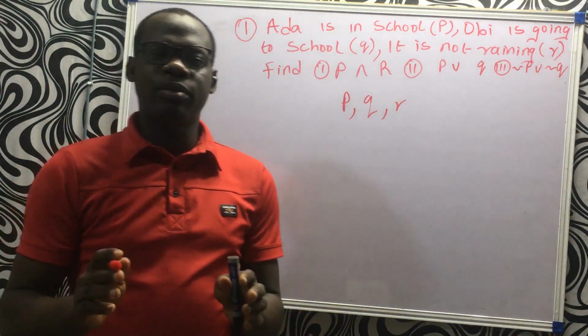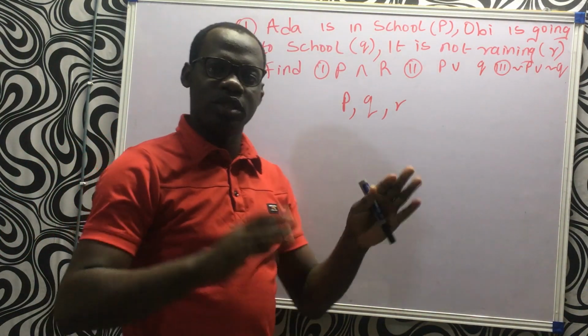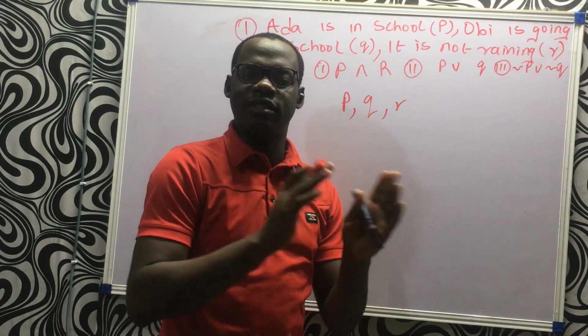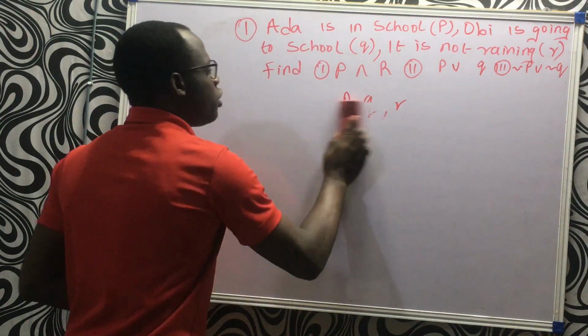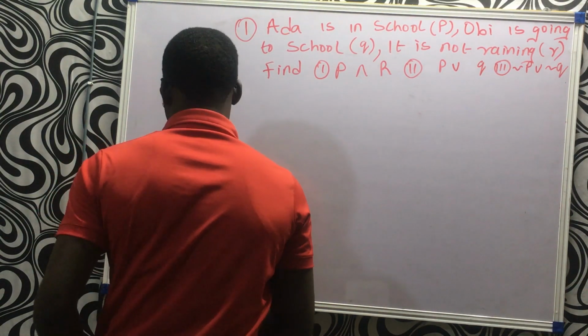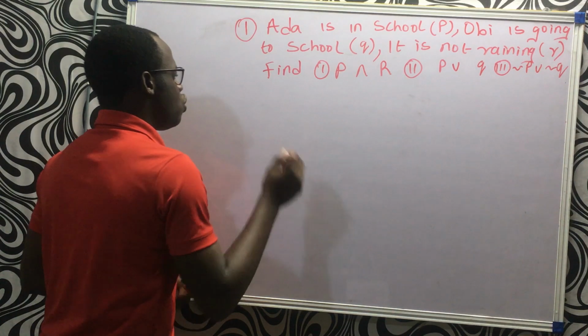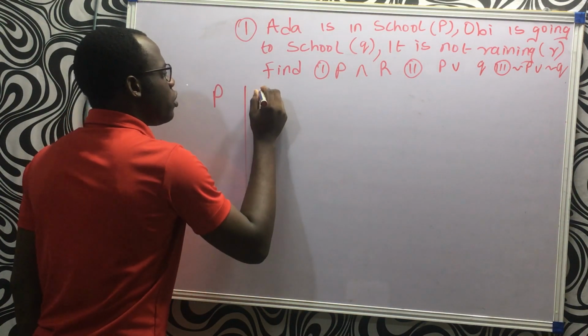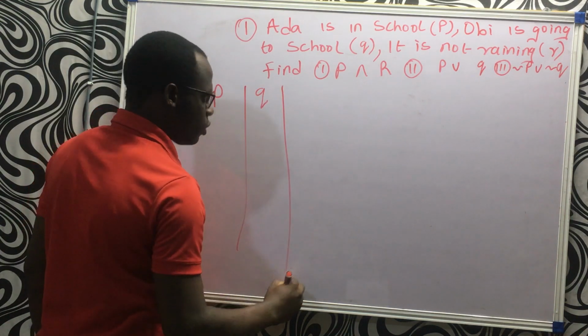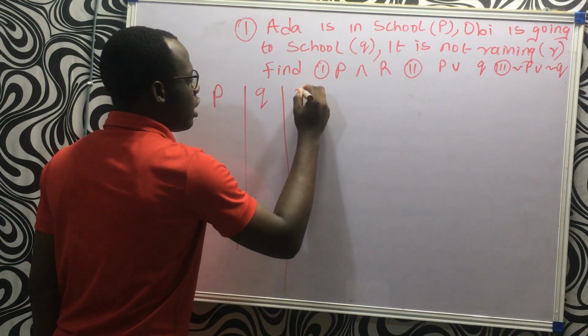So the first step is to identify the variables. Then the next thing to do is to get the truth table. So you draw the truth table representation for three inputs: P, Q, and R.